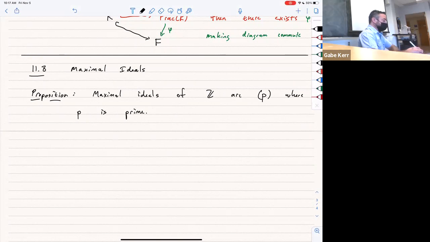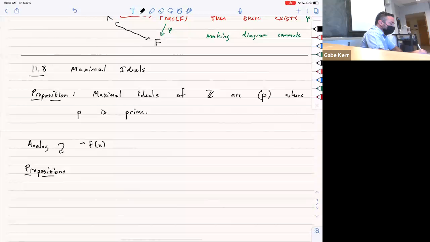So there's an analog to this proposition for polynomials with coefficients in a field. And for that, we need to have the notion of an irreducible polynomial.